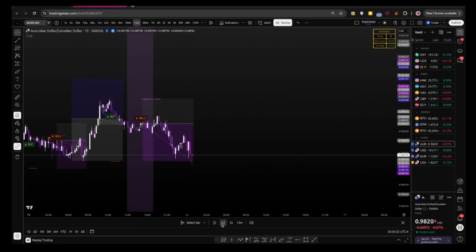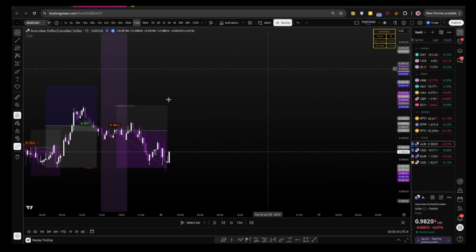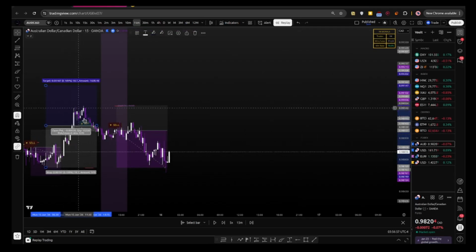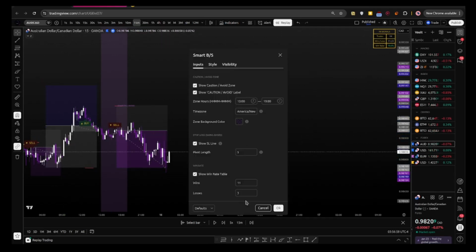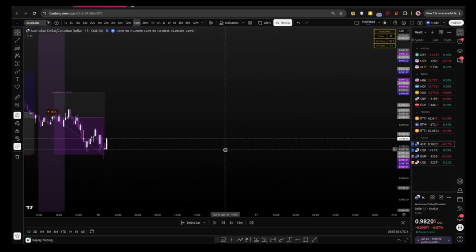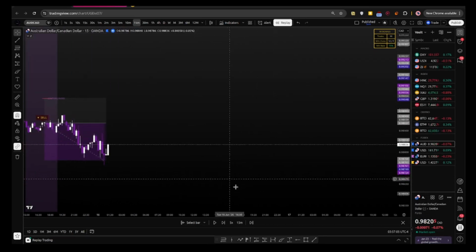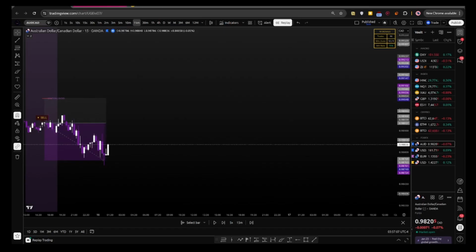Okay. Take profit hit and the stop loss hit. Remember, we also took this buy. So that was a loss. We also took this sell, which was take profit, right? Now let me go forward.